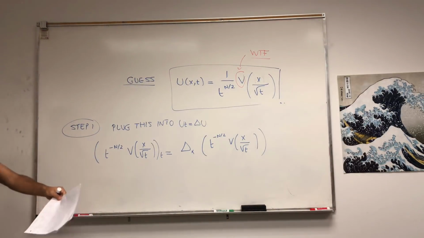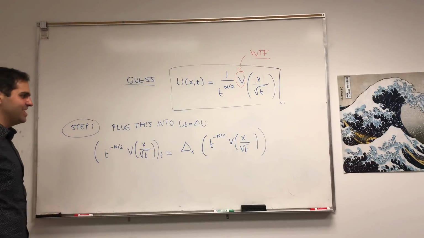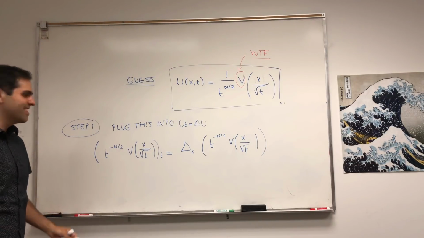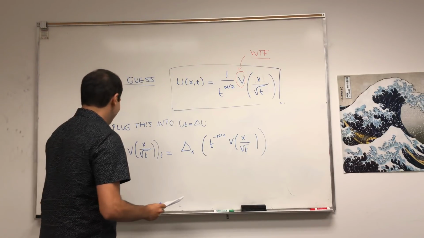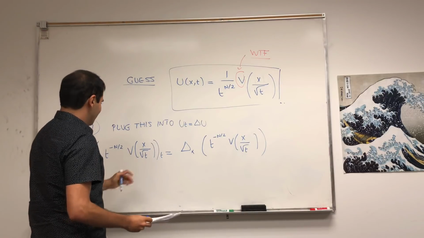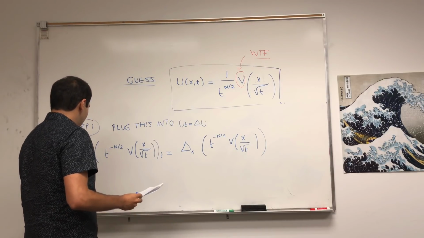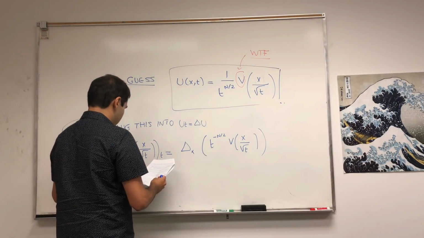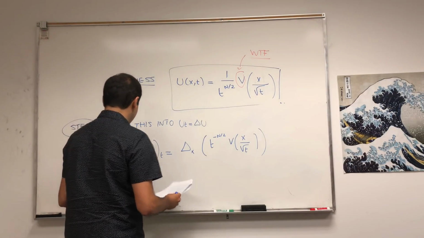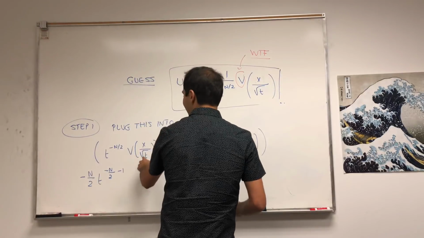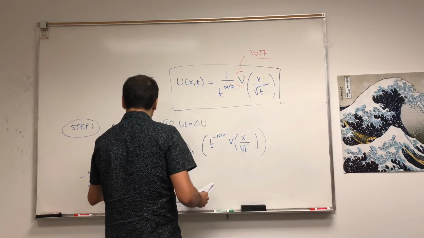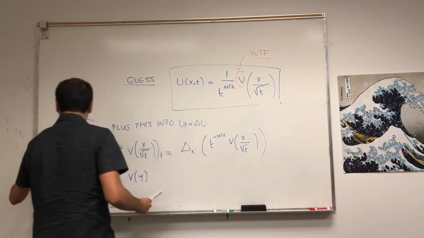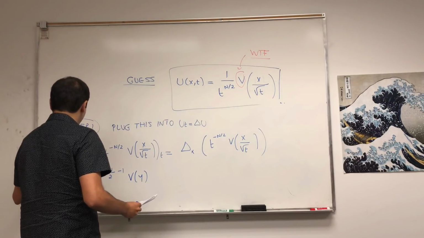Okay, and I guess let's roll up our sleeves and differentiate this, but fortunately my sleeves are already rolled up. So we want to use a product rule. So minus n over 2, t to the minus n over 2 minus 1, and again in this case let's just leave it as v of y. I'd like to remind you, y is just x over square root of t.